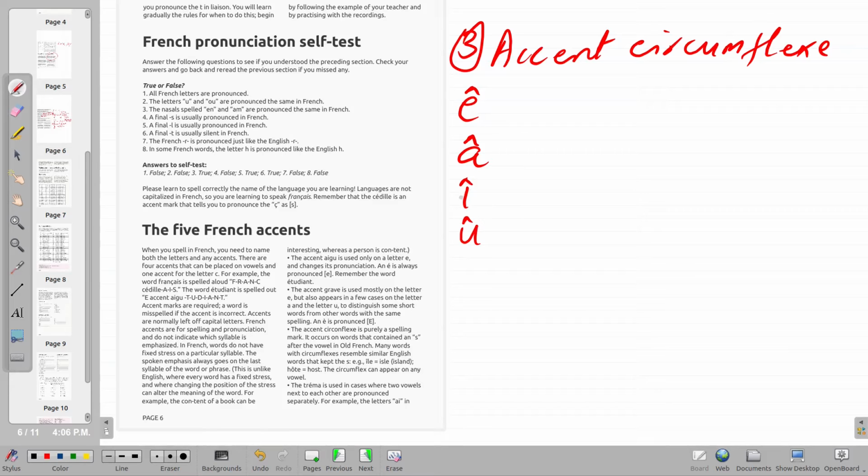It doesn't make a lot of pronunciation difference in the other letters, but when accent circumflex comes on an E in a word, that E is pronounced as è.